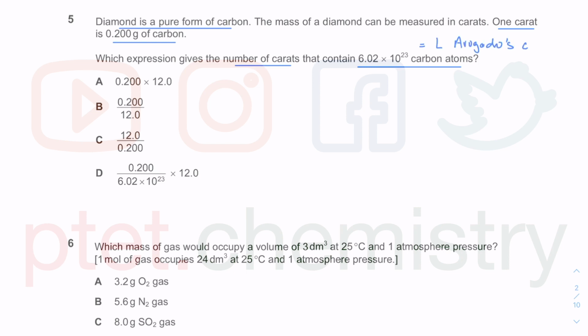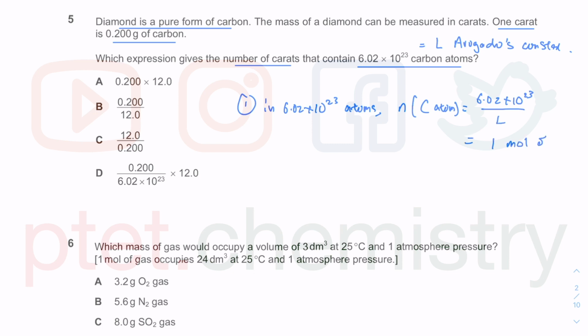So this is math essentially. So what do we know? We know that in 6.02 times 10 to the 23 atoms, how many mole is that? So the mole of the carbon atom is going to be how many atoms you have divided by Avogadro constant, which is the exact same number. So you have 1 mole of carbon atoms.